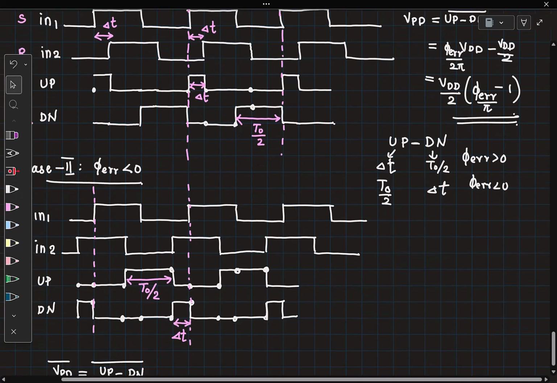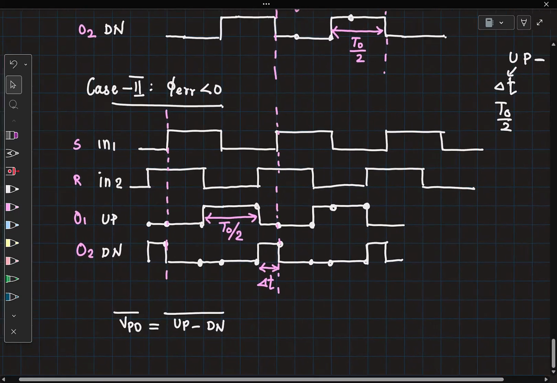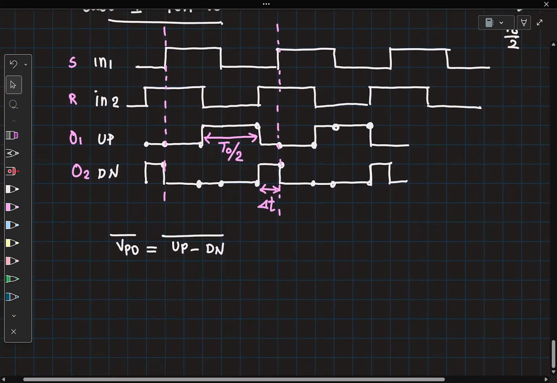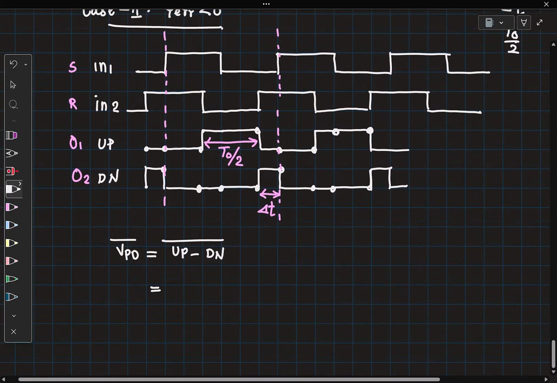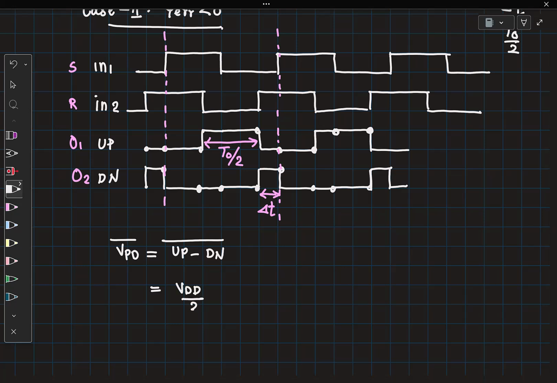Similarly, let us do the calculation for the second case. What is the average of up? That is equal to VDD by 2 minus average of down, that is delta t by t naught into VDD, where delta t by t naught is the same as phase error by 2 pi.